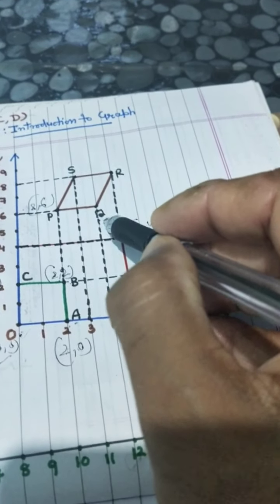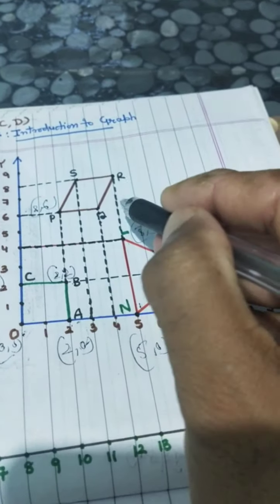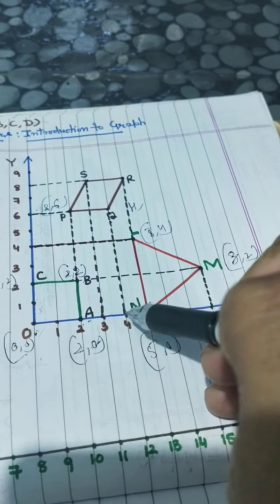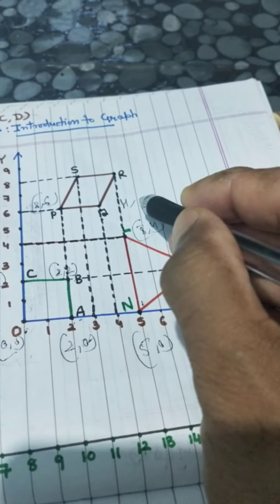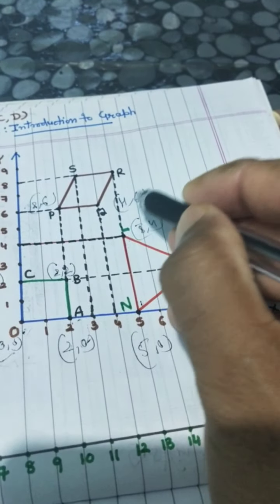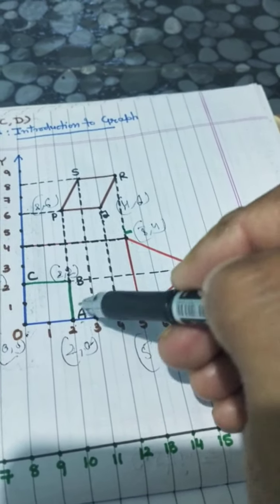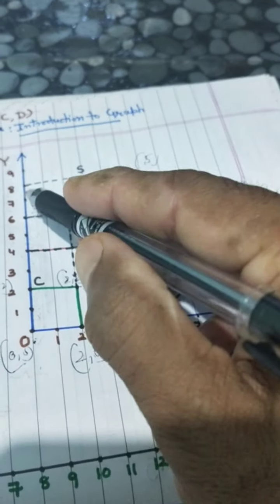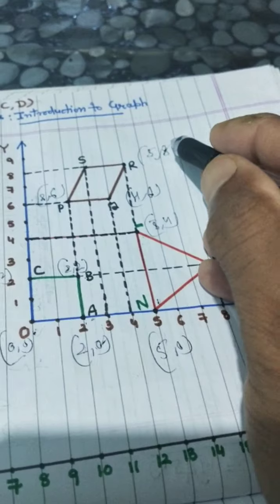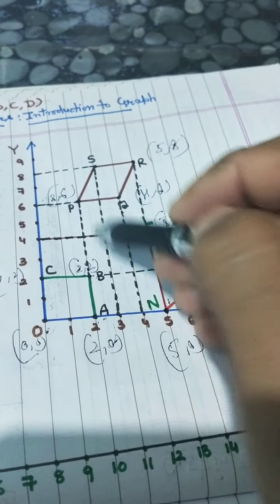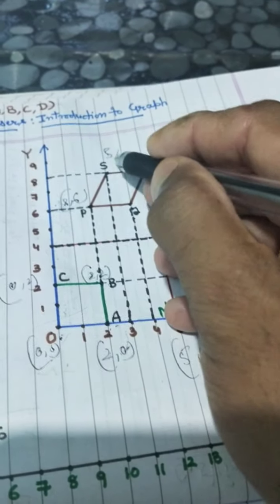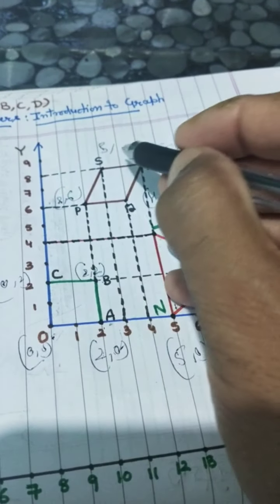Second, Q: the x coordinate is 4 and the y coordinate is 6: (4, 6). Next, R: the x coordinate is 5 and the y coordinate is 8. For S, the x coordinate is 3 and the y coordinate is 8.